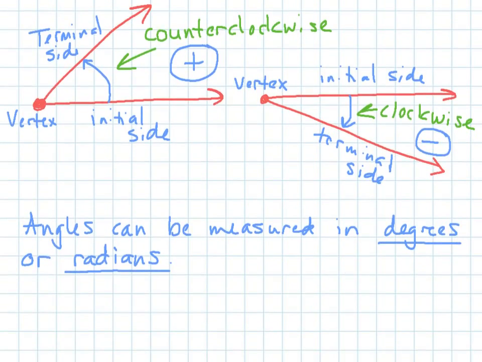Angles can be measured in both degrees, which is something that we're used to seeing, and in radians. Radians are going to be values that are represented with the value of pi incorporated with it. So we'll do some examples where we switch back and forth on this.